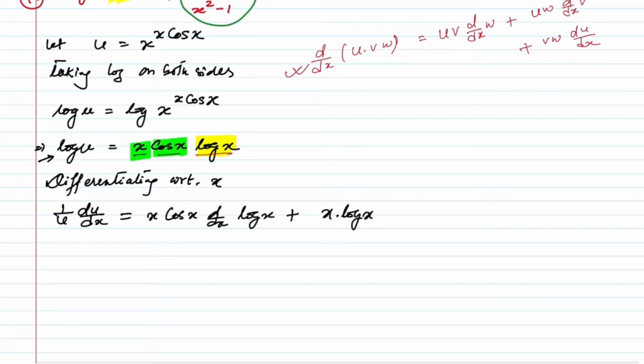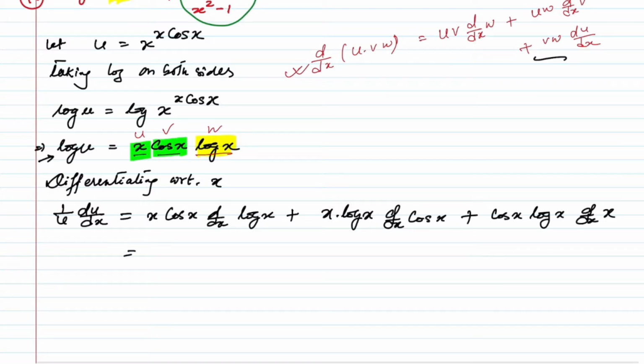So here v is cos x, so assume this one as u v w. Then derivative of cos x, then again v w, then derivative of u, that is cos x log of x and derivative of x.